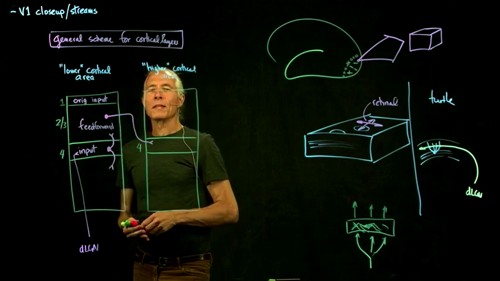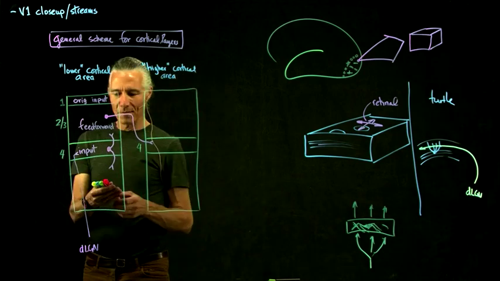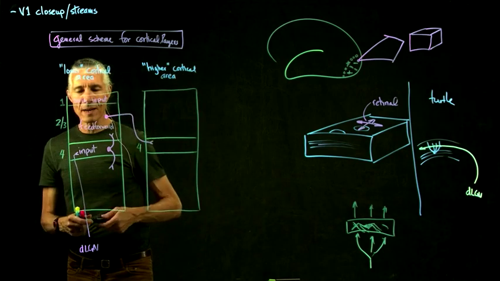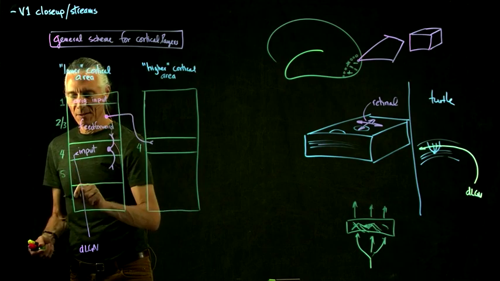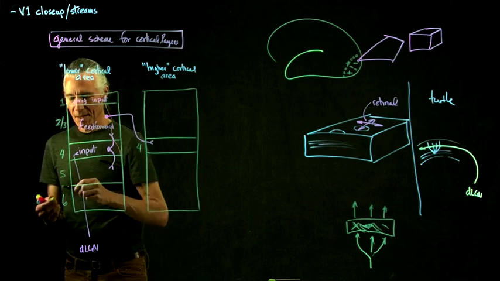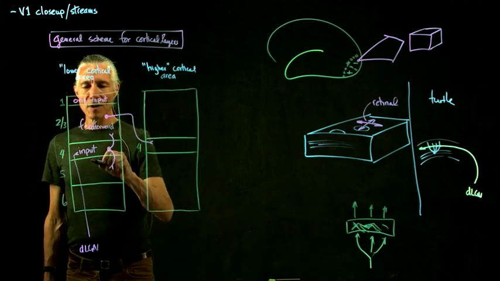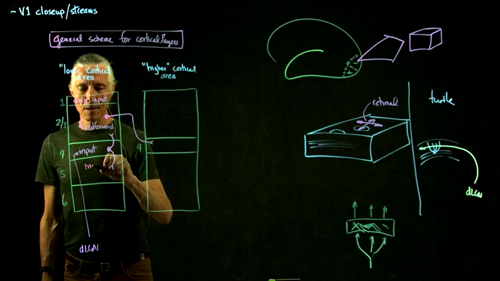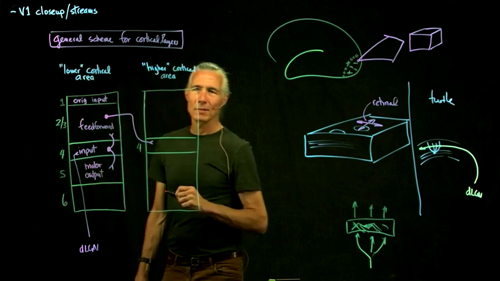So let's go back here. We've got two more main layers. We have layer 5 and layer 6. And so layer 5 is basically the motor output layer. So for instance, if you go to motor cortex, that's where all the big neurons are that project onto the spinal cord.